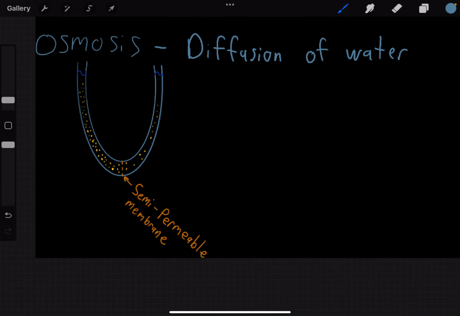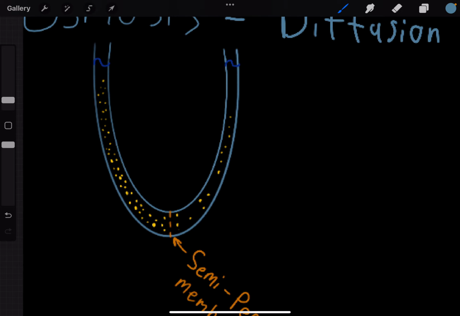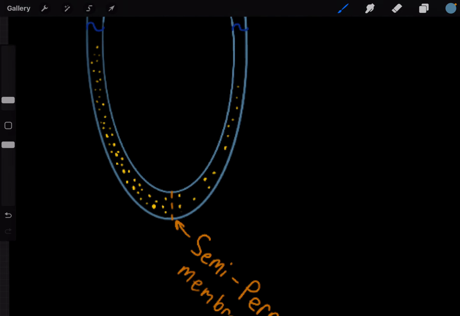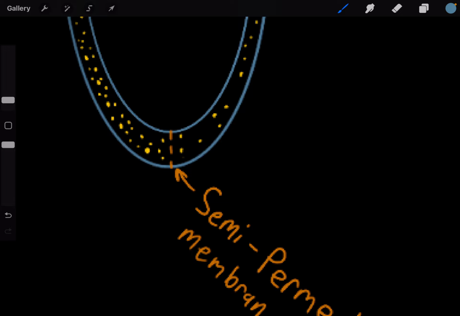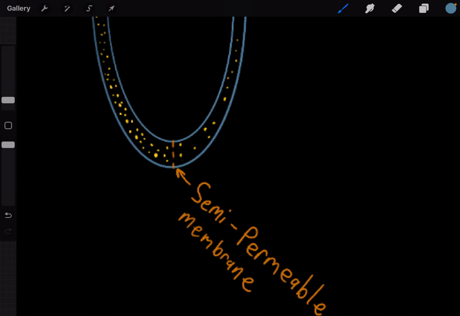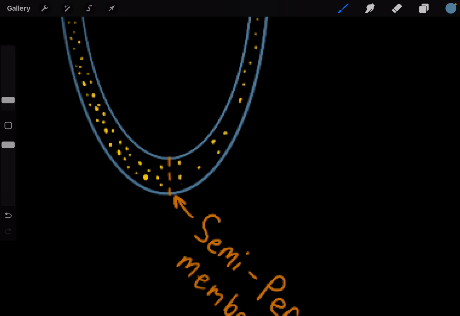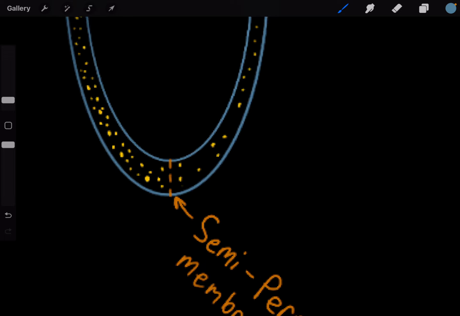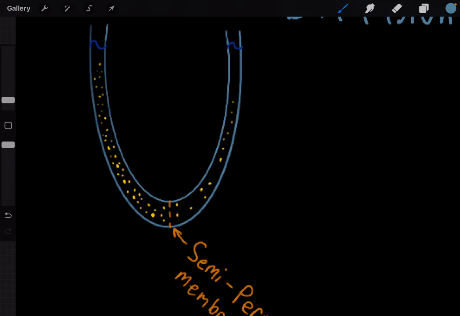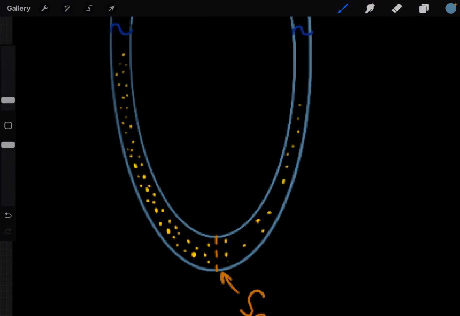As you can see, we have a little test tube here with a semi-permeable membrane, something like a plasma membrane, that only allows water to go through it. We have more solutes on this side than we do on this side.